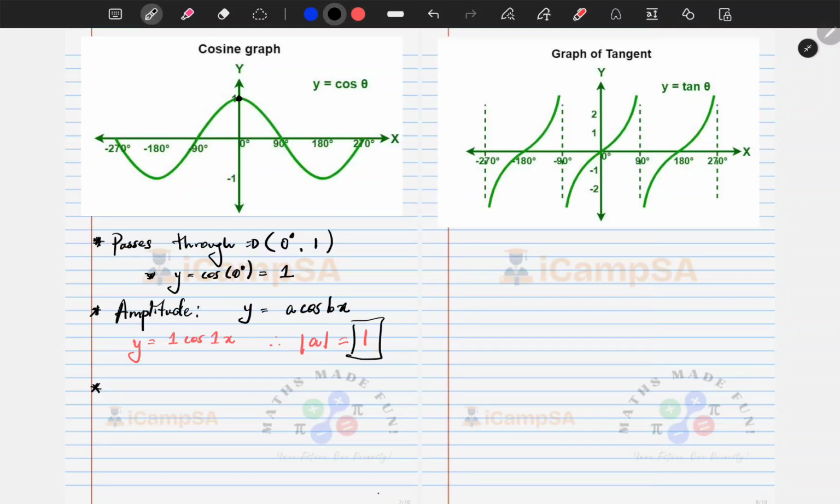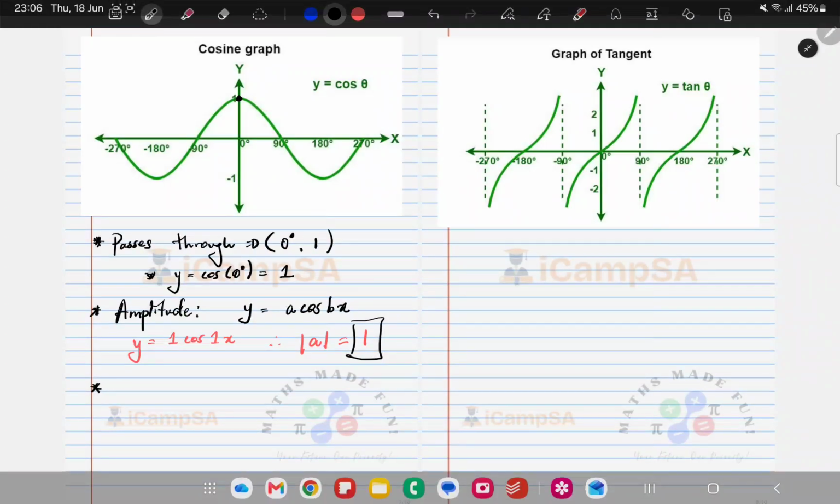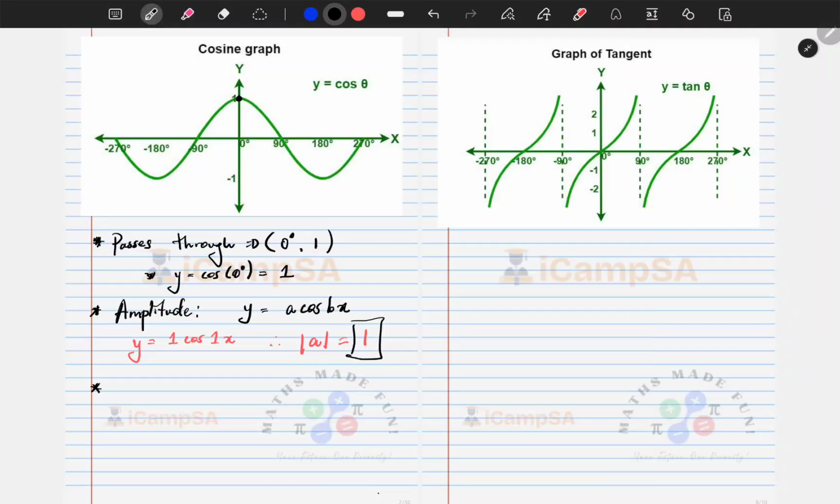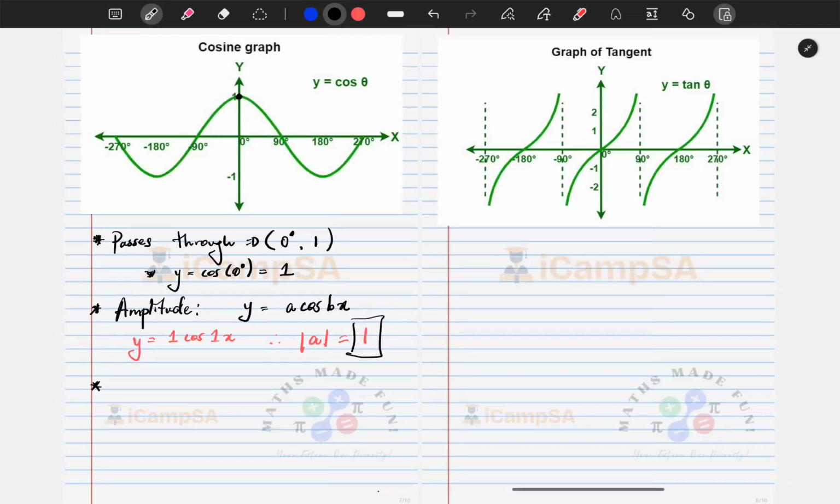Now in terms of the period, remember how your period is given. Your period is equal to 360 degrees divided by b. In this case, b equals 1.